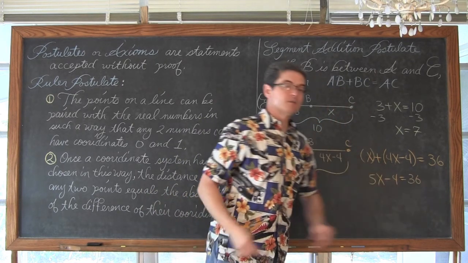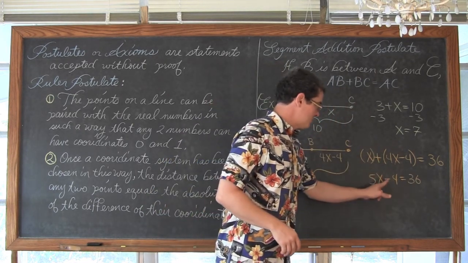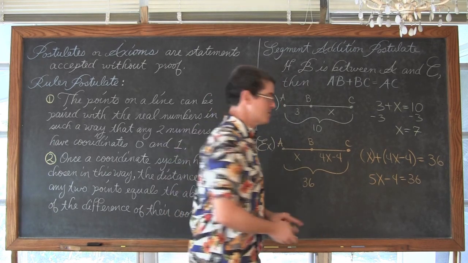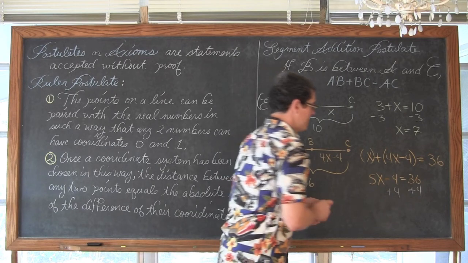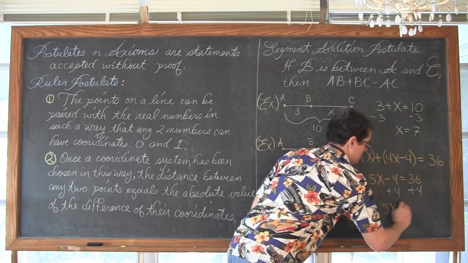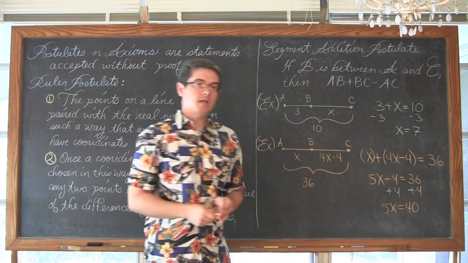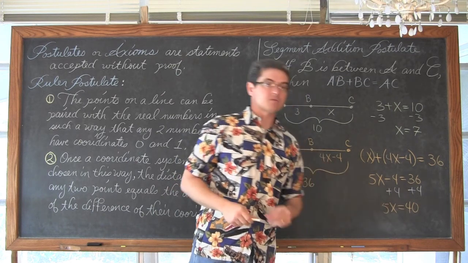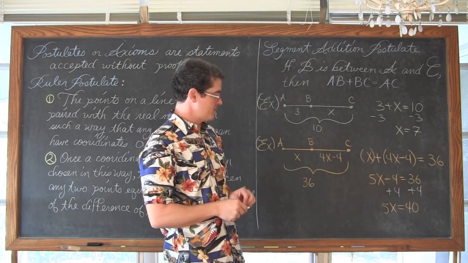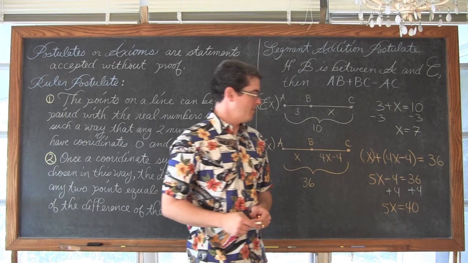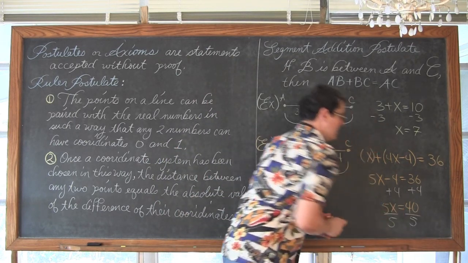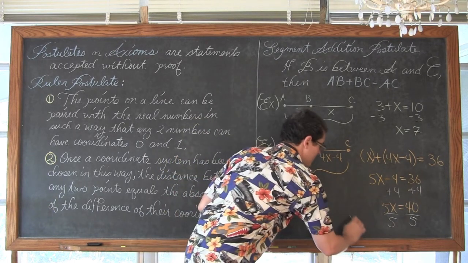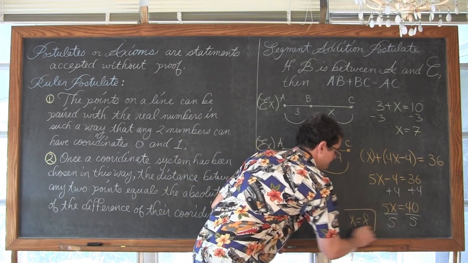We're going to move that negative 4 over to the right-hand side. We want to undo that subtraction, so we're going to add 4 and get 5x is equal to 40. Then we want to move that 5 over to the other side and solve for x, and we're going to do that by undoing the multiplication of 5, so we're going to divide by 5. And our final answer, of course, is going to be x equals 8.